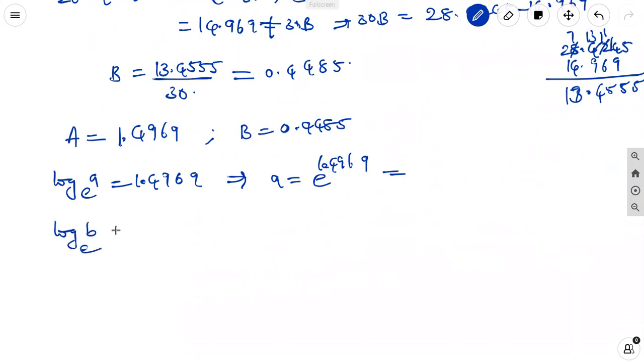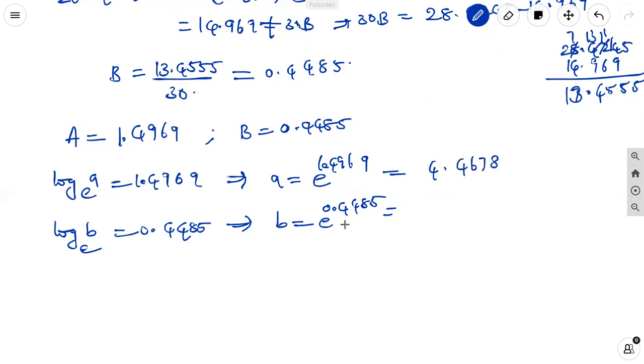Log small b base e equal to 0.4485. So small b equal to e power 0.4485. The value of small b is 1.5659.